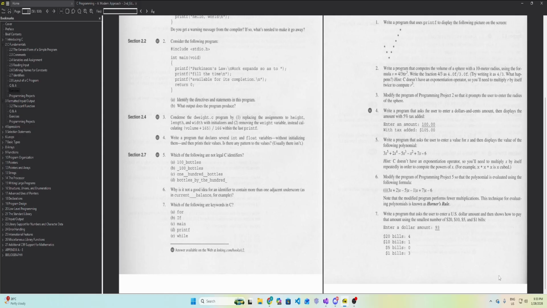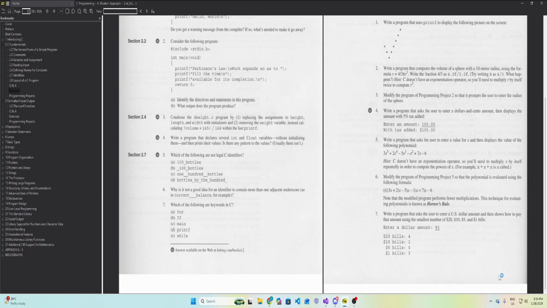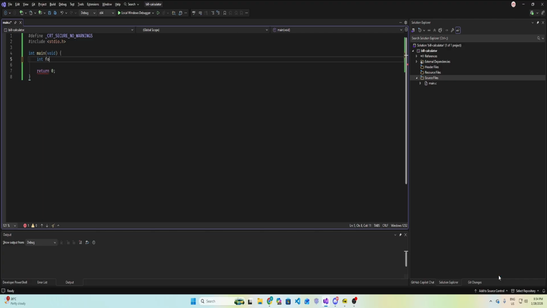Okay. So let's say we're going to use an int because we're not taking any cents. So dollar amount. Now we're going to scan, get the value.